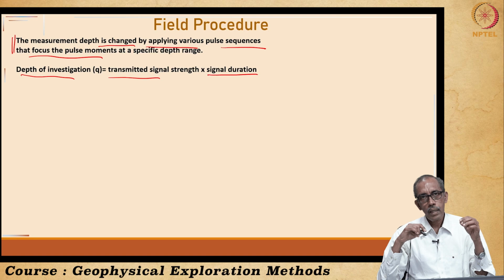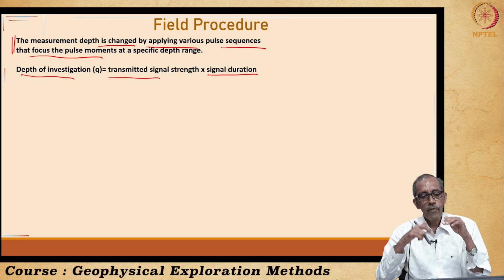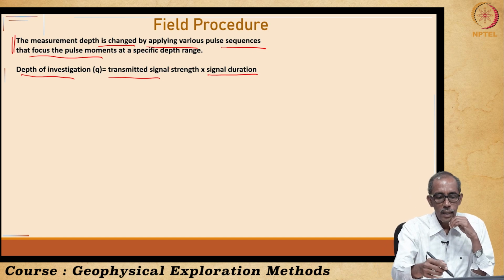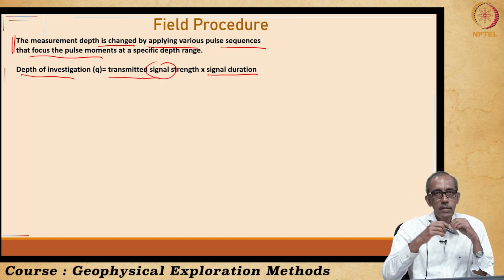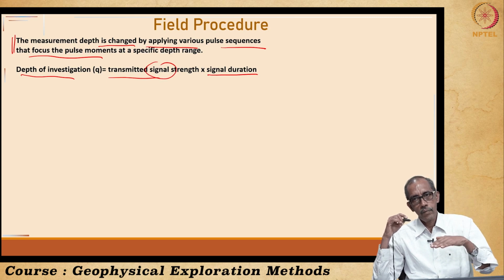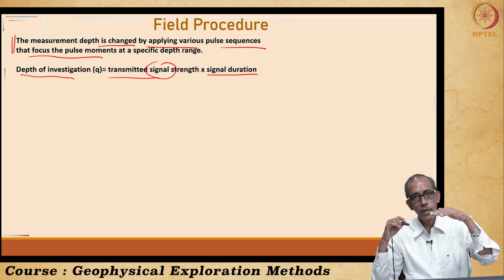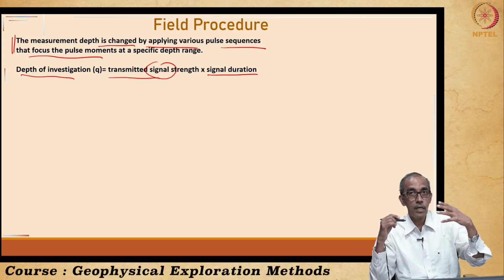In NMR, we do the survey multiple times, with transmission and stopping of transmission also done at different current levels. So, signal strength is progressively varied, right. And similarly, the signal duration for which we excite the subsurface can also be varied.